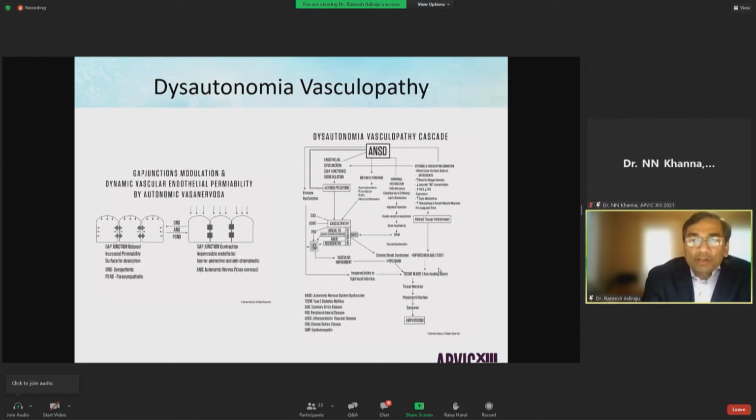I just want to briefly go over what I meant by dysautonomia management. Here's a demonstration of endothelial structure on the side, where endothelial integrity works as a barrier or as an absorptive organ. The vascular endothelium, I believe, is an organ by itself.